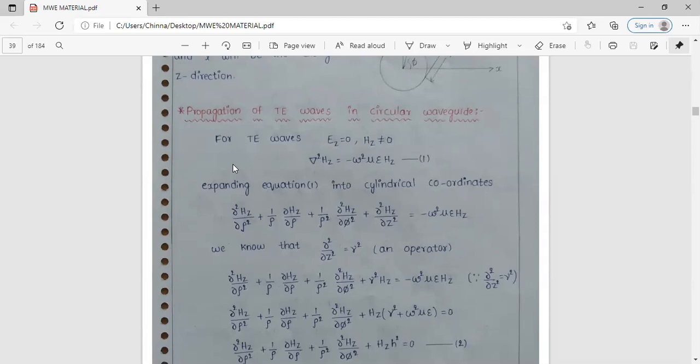For TE waves, Ez is equal to 0 and Hz is not equal to 0. So we'll go for the wave equation del squared Hz is equal to minus omega squared mu epsilon Hz.